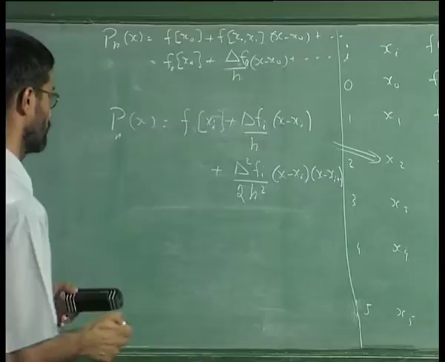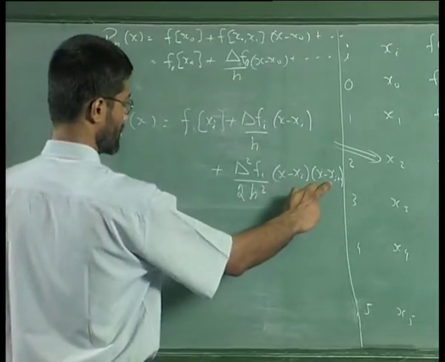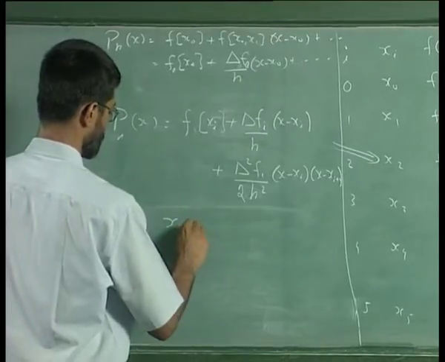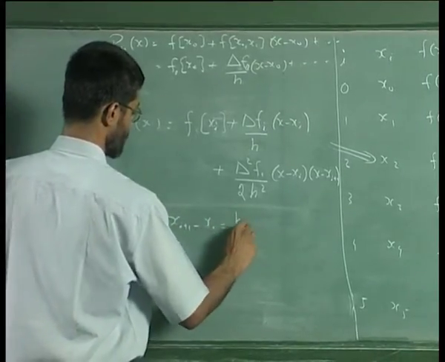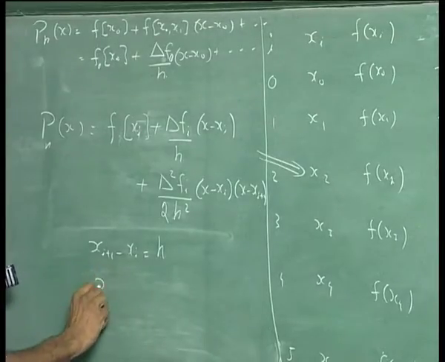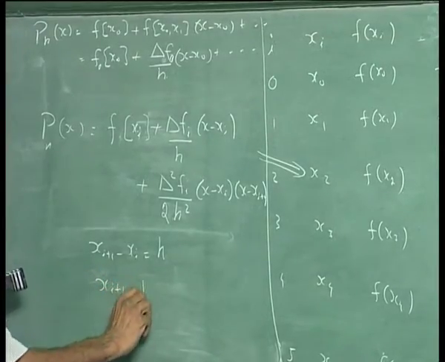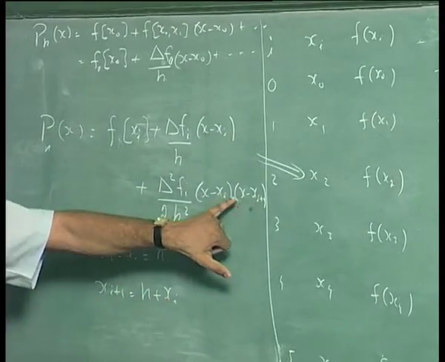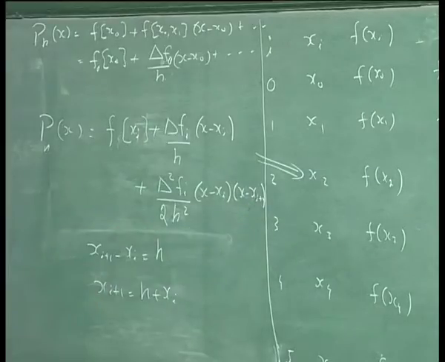Now, in x minus xi plus 1, we know that xi plus 1 minus xi is h. So we can write xi plus 1 as h plus xi, and we can substitute that here. So you get x minus xi plus h.